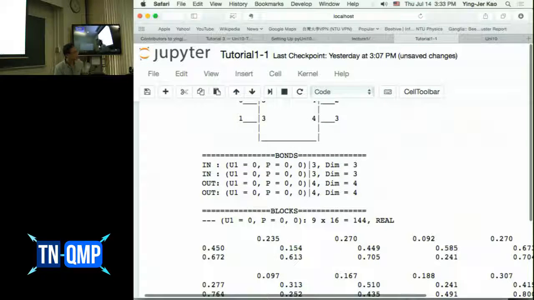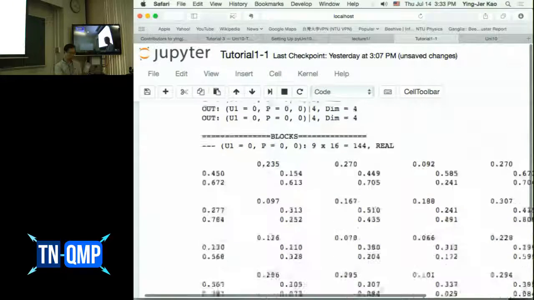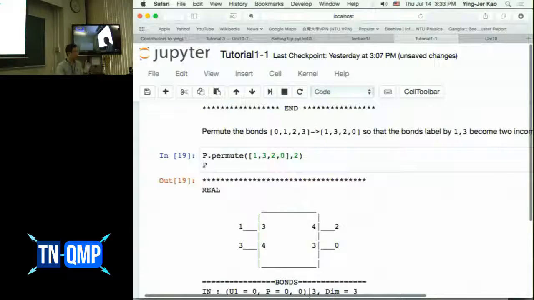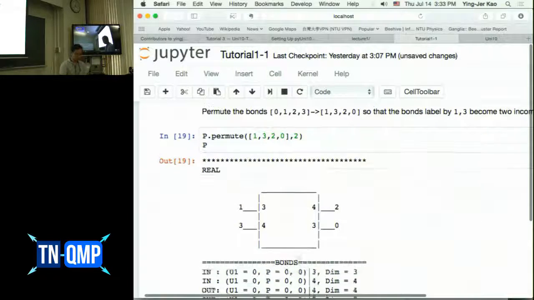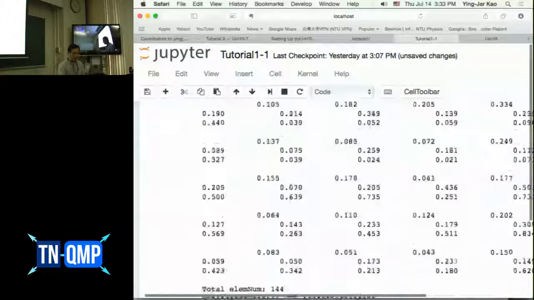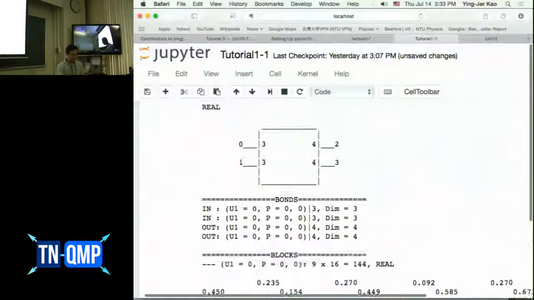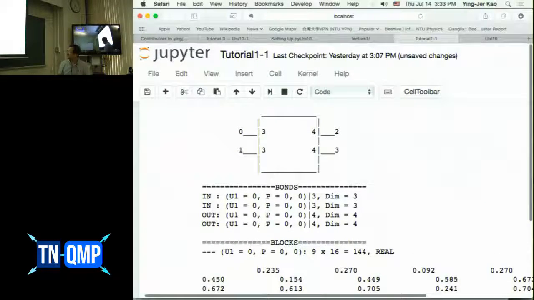What's the order of the legs for the resulting tensor after contraction? Oh, okay, I understand. There's a certain way that you can assign this output order.